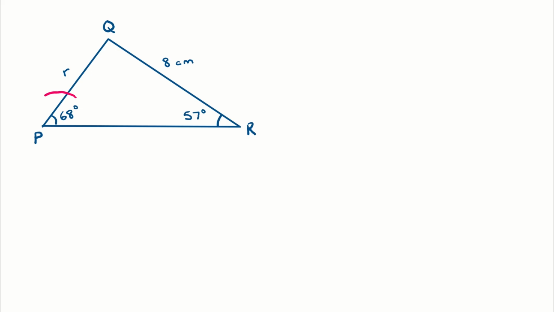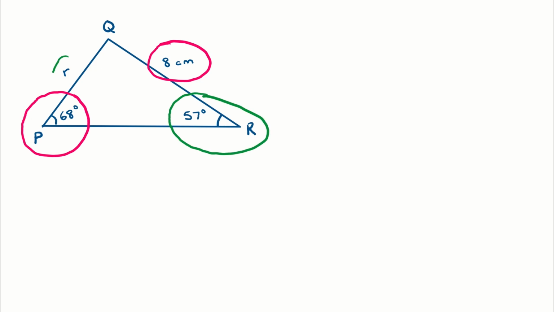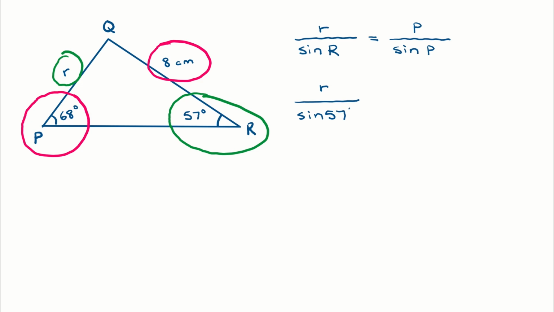So right now we have angle P as well as side P, and we have the angle R, and we're trying to find the side R. So how this will work is we can say that R divided by sine of capital R is equal to P divided by sine of capital P. What this means is R, what we're trying to find, divided by sine of 57 degrees is equal to P, which is 8, the side P, divided by sine of 67 degrees.